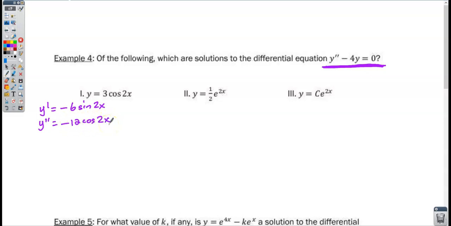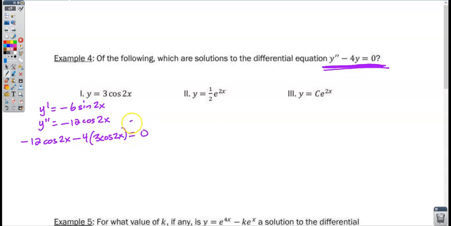Now in order to see if it's a solution to this differential equation, I can just substitute y double prime and y into this equation and see if it makes it true. So I'm going to put y double prime in, negative 12 cosine of 2x, minus 4 times 3 cosine of 2x.